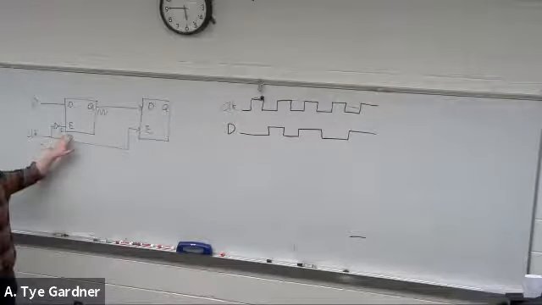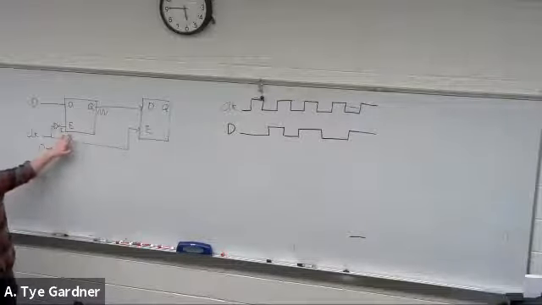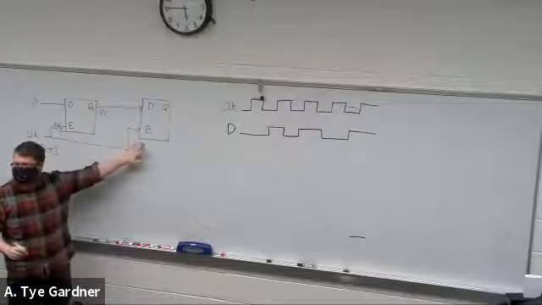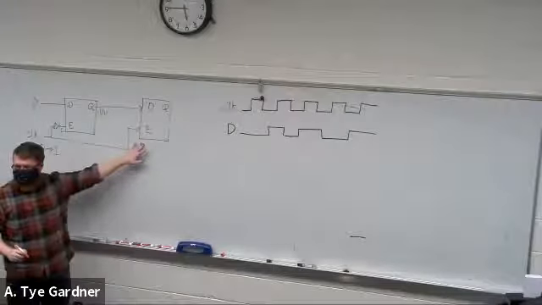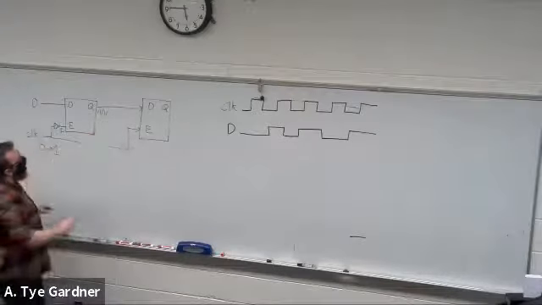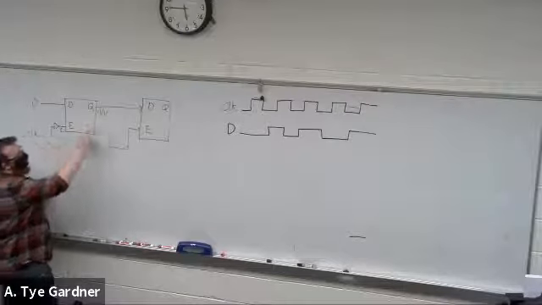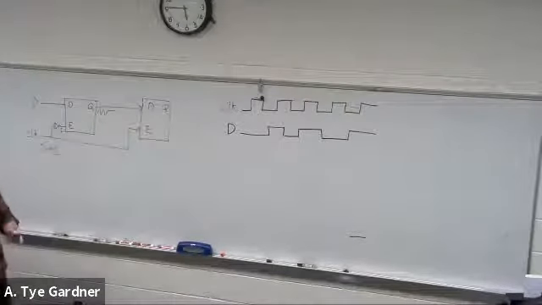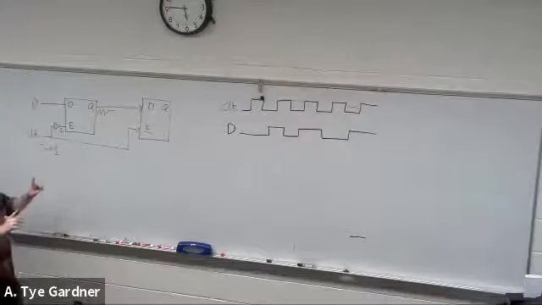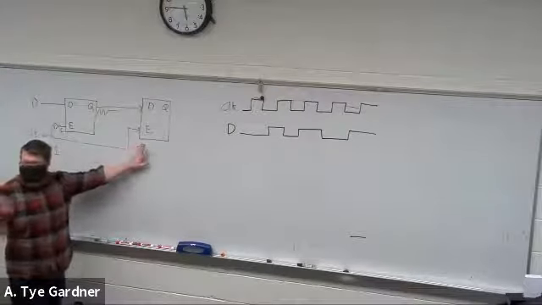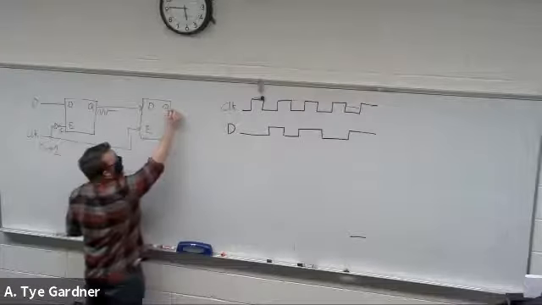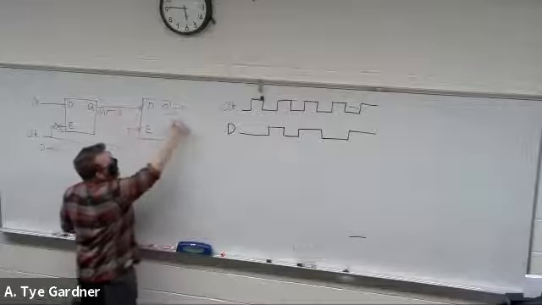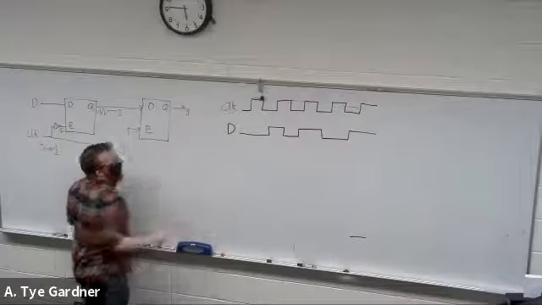Then the enable turns off here. But this has been doing nothing at all. So now this enable turns on. So here it's wiggling along, enable goes off, it sticks to whatever it was because it's no longer enabled. And then this enable clicks on and is able to pass that. So this is a 1.